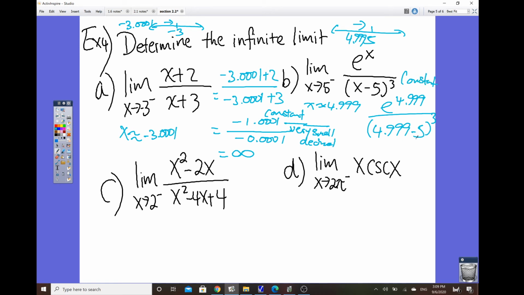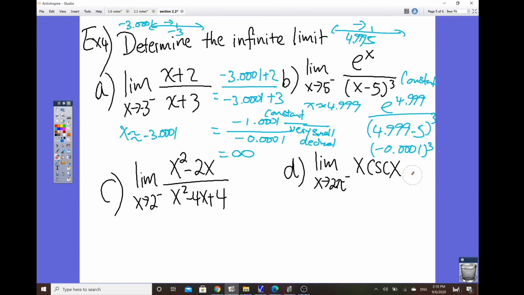But the denominator, what do you notice? This one's getting close to being a very small negative decimal, like negative 0.0001 to the power of 3. So that means it's going to be another very small negative decimal. So a constant over a very small negative decimal. So eventually it's going to be considered negative infinity.